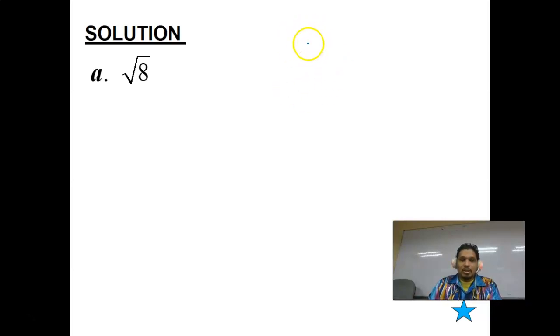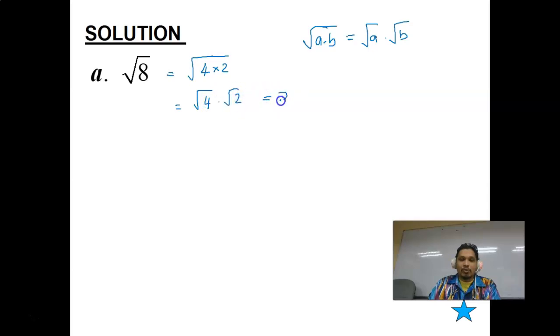We are going to use this rule: square root of A times B is equal to square root of A multiplied with square root of B. So how are we going to use this in this question? 8 is from 4 multiplied with 2. Then we come up with square root of 4 times square root of 2, where square root of 4 equals 2. So 2 square root of 2.